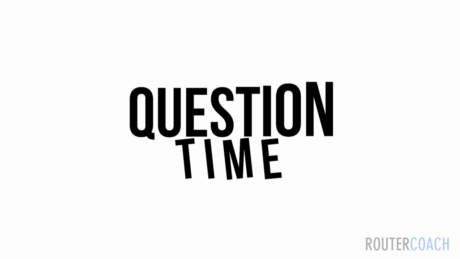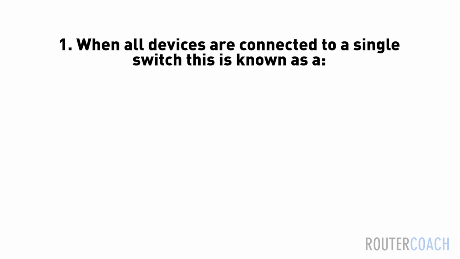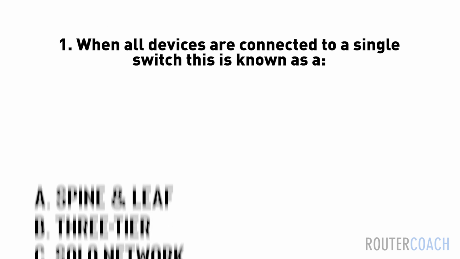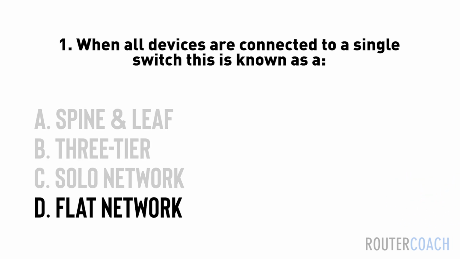Now, it's question time. 1. When all devices are connected to a single switch, this is known as A. Spine and leaf. B. Three-tier. C. Solo network. D. Flat network. The answer is D. 2.